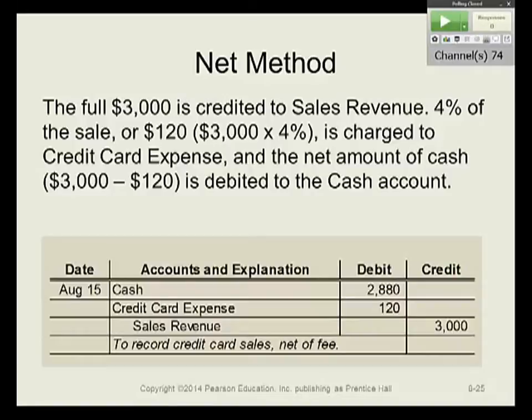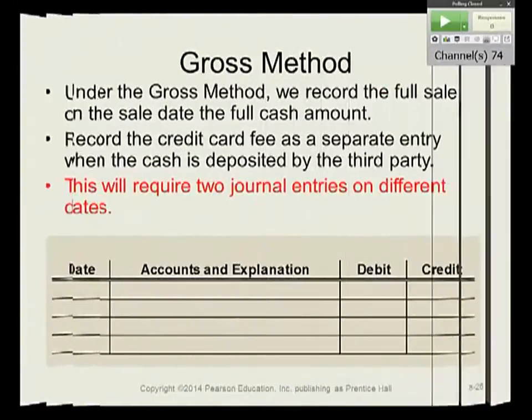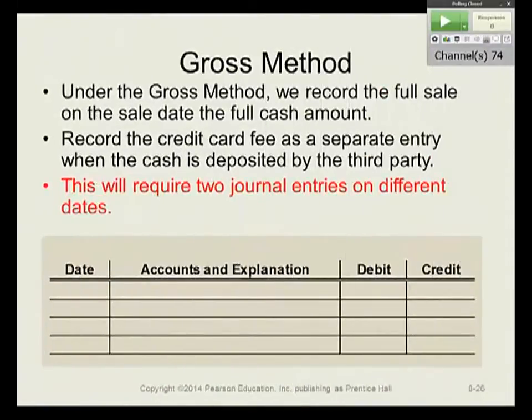Now, I have another option, and I'll take questions, I'll go back to this, but the other option is the gross method. In this case, I have to make two journal entries, because what I need to do is record the sale at the full $3,000 amount, and then when I collect my cash and it's less than the $3,000, I'll have to record the fee.